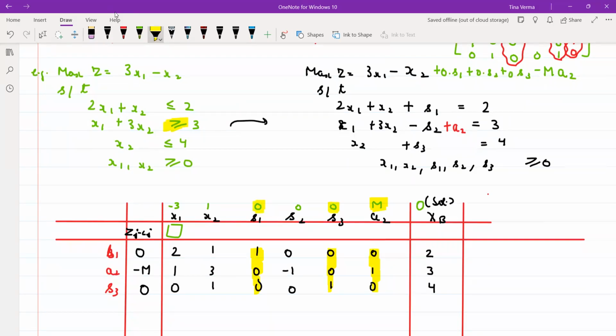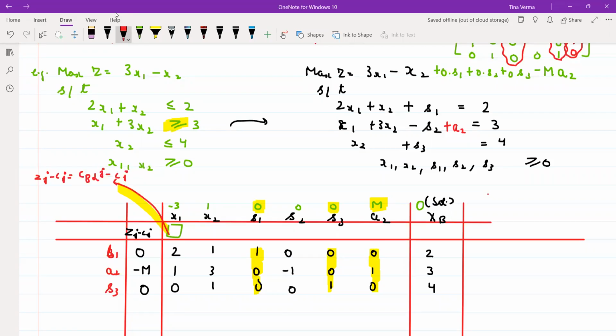For S3 also it is satisfied, 0. But corresponding to your A2, Zj minus Cj is not equal to 0. So these entries, either you can calculate by the formula that I have told you, Zj minus Cj is nothing but Cb into alpha j minus Cj.